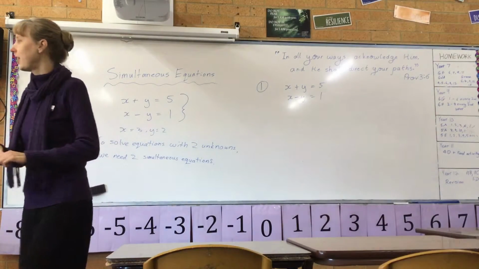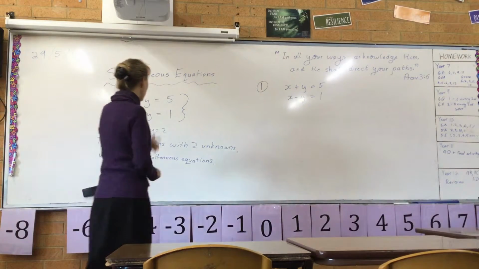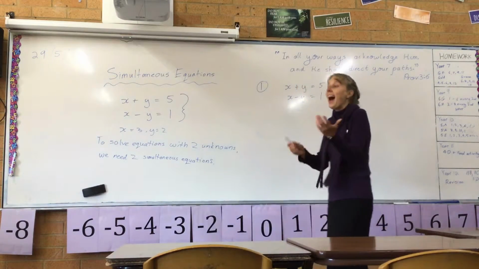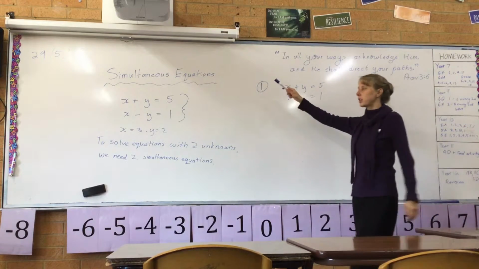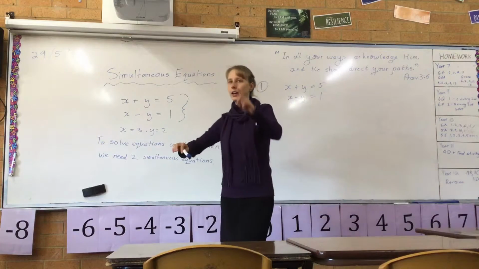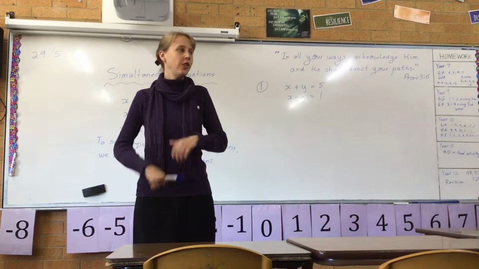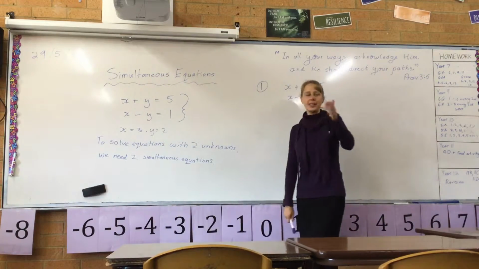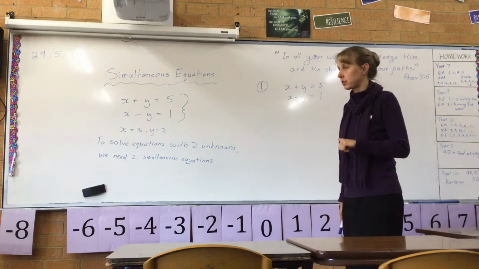I'd love to say you can do that with any, but some of the ones in the textbook might take you a long time trying to work through all the options. And typically in a test situation, you'll get 2 marks for solving and 1 mark for the final answer. So if you use guess and check and you work out it's 3 and it's 2, fantastic, you got 1 out of 3 marks.